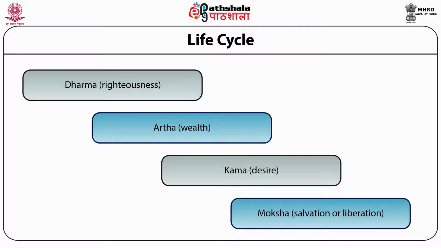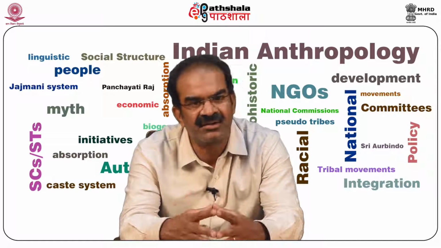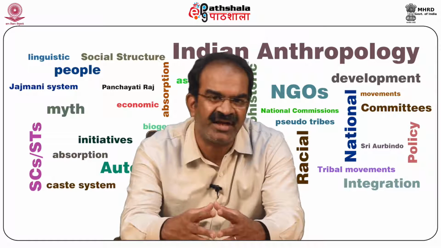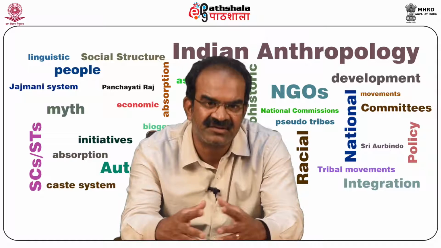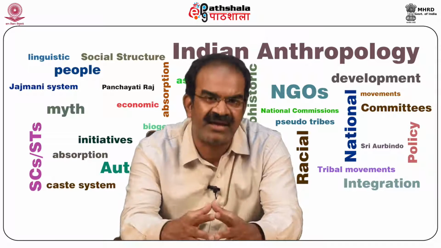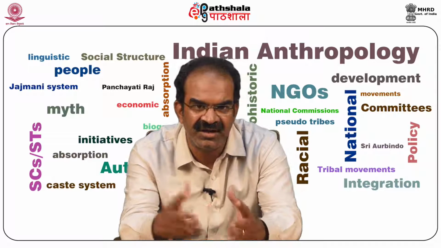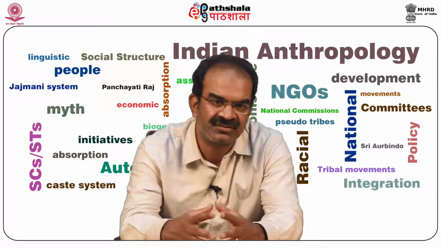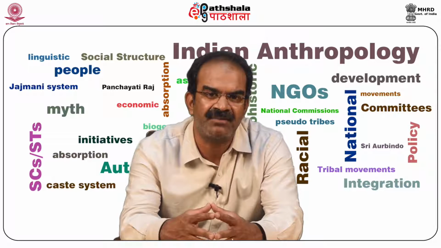So this was the basic ideal given by the ancient Hindu system to all individuals, that it is socially acceptable that one has to follow these life cycles at each and every stage. And only then is the meaning of life accomplished. If any one of these attributes an individual did not seek, his life becomes incomplete.